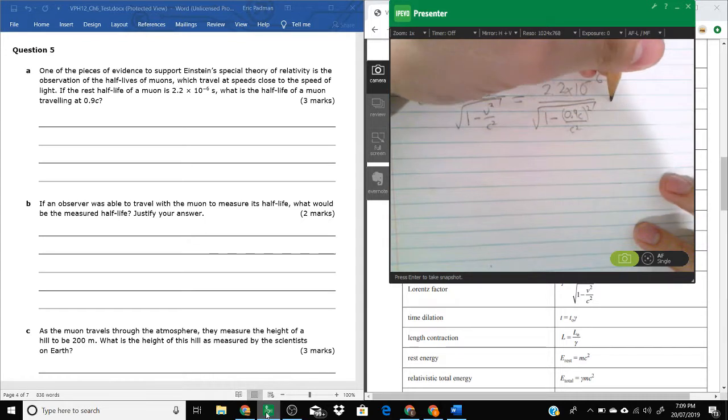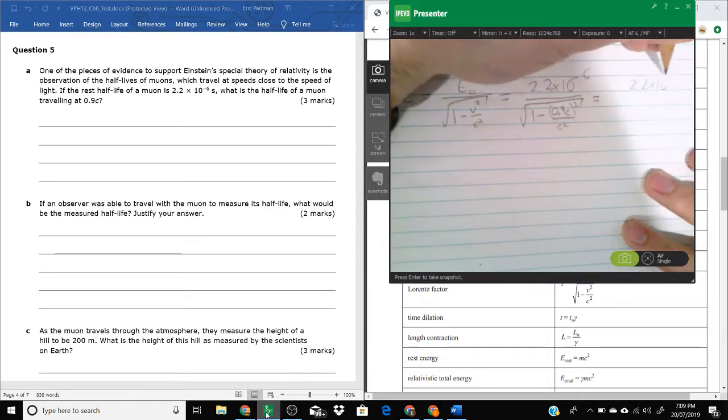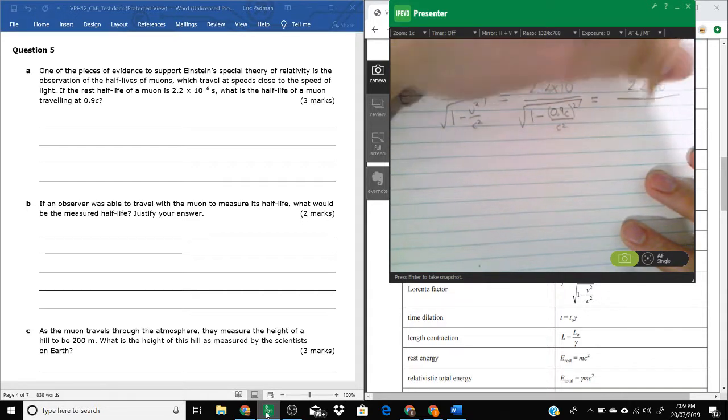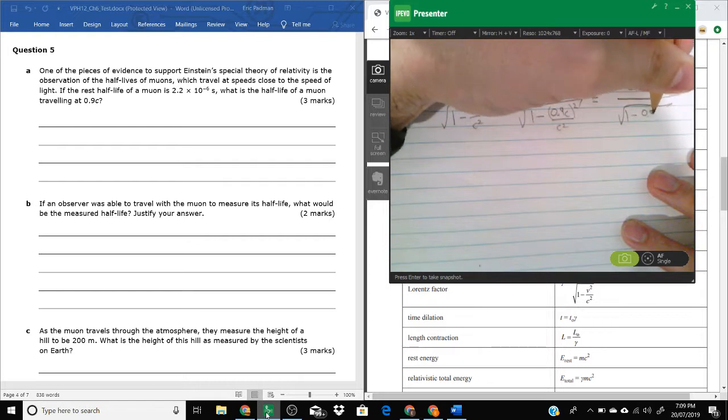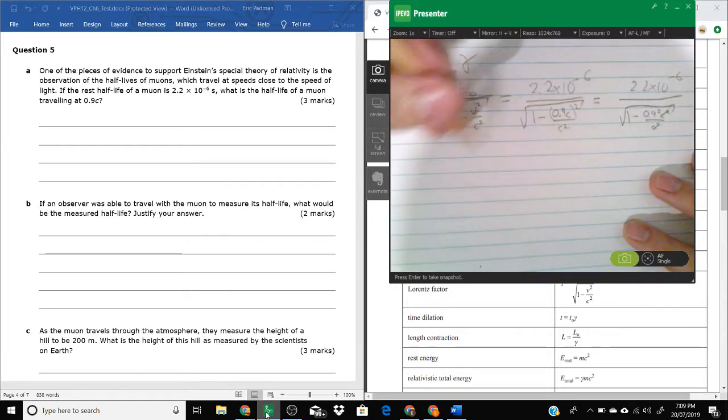Now there'll be 0.9 squared c squared over c squared, and you can cancel the c squared, so we don't even have to substitute the speed of light here. Let's simplify that.